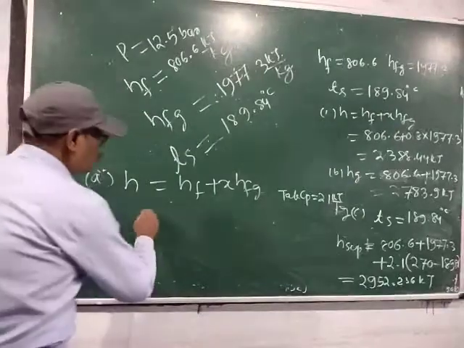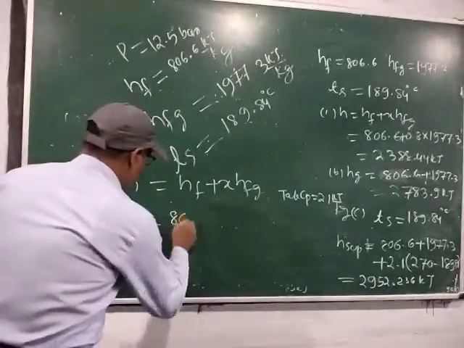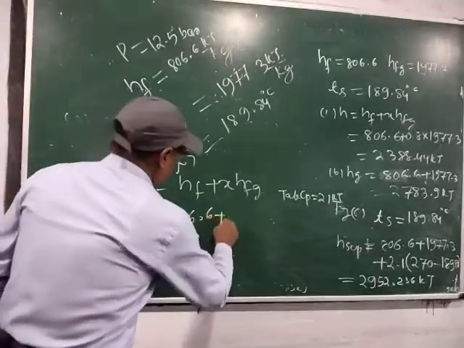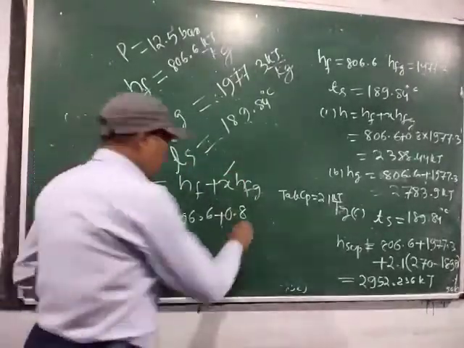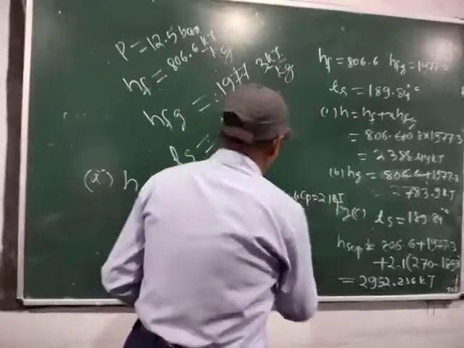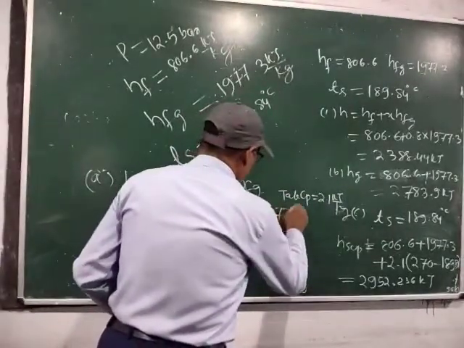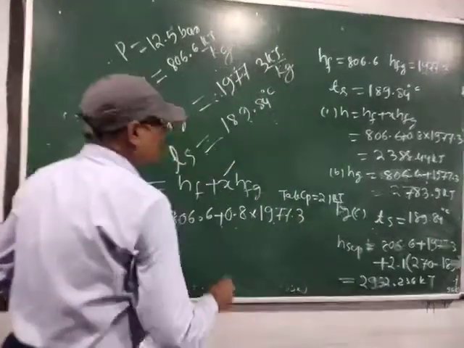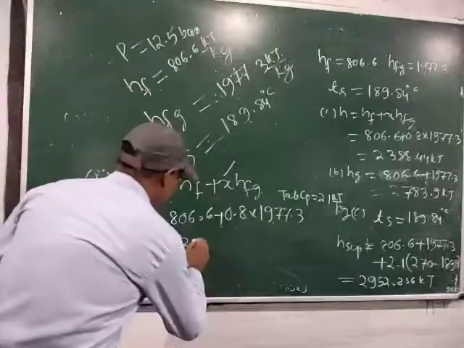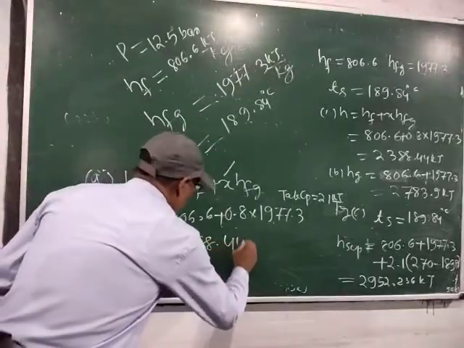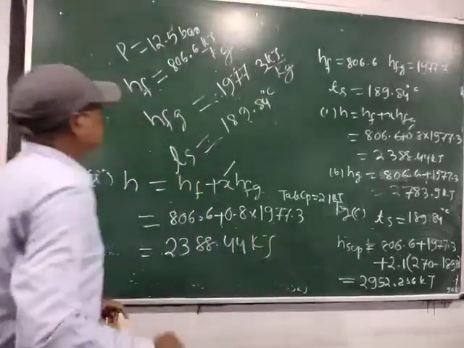Putting all the values, 806.6 plus 0.8 into HFG, 1977.3, is equal to 2388.44 kilojoule.